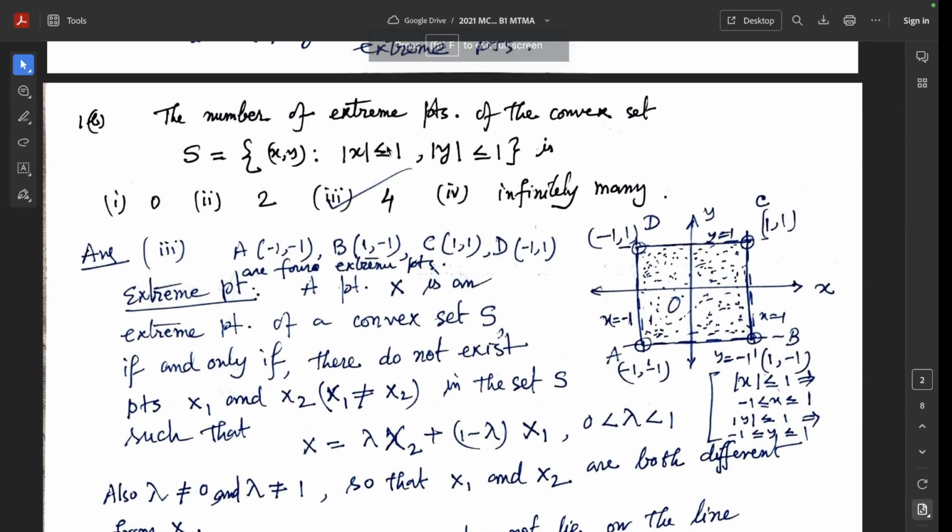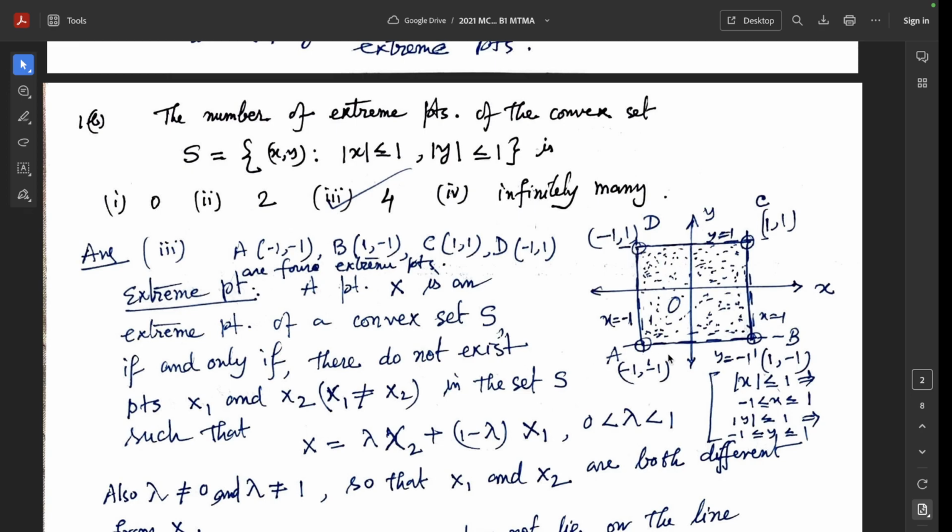Here mod x less than or equal to 1 means minus 1 less than or equal to x less than or equal to 1. So in the E2 plane, this is the x-axis, y-axis, this is the line segment x equal to minus 1, and this x equal to plus 1. And mod y less than or equal to 1 means y equal to 1 and y equal to minus 1.